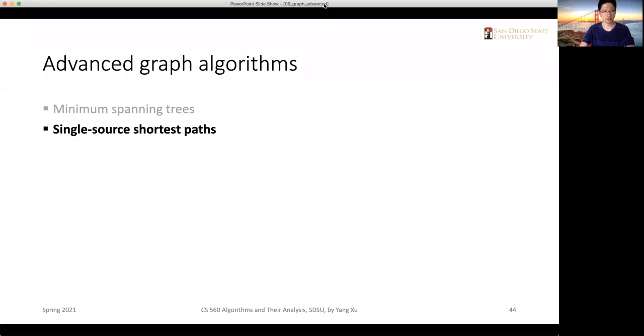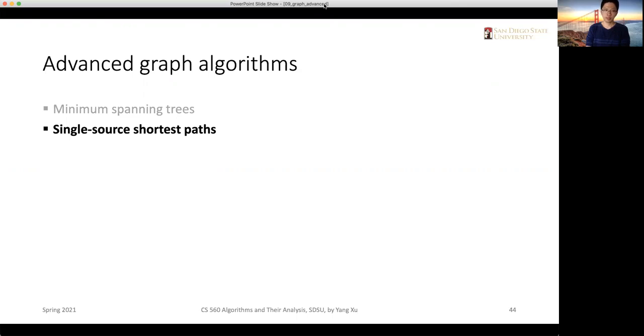All right. So next we will start talking about the single source shortest path problem. I think it's easier to understand, in terms of the nature of the problem. So it's like what this problem is about.